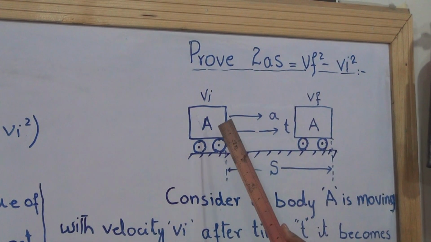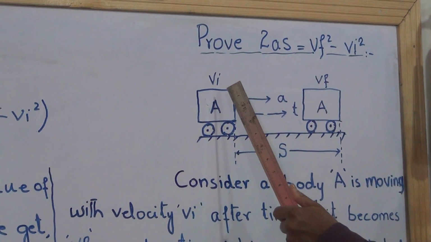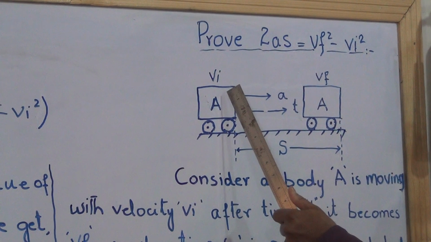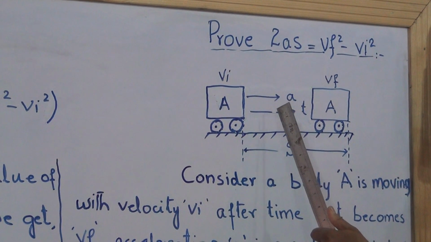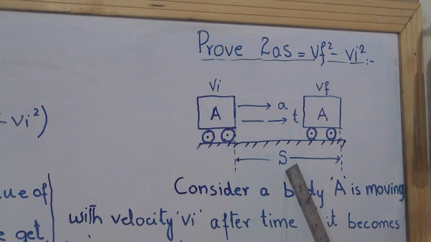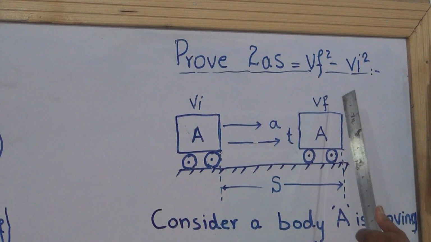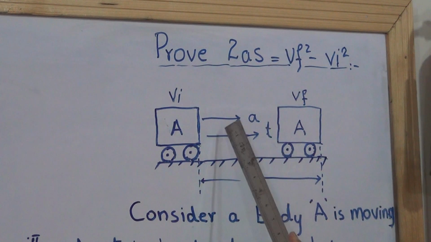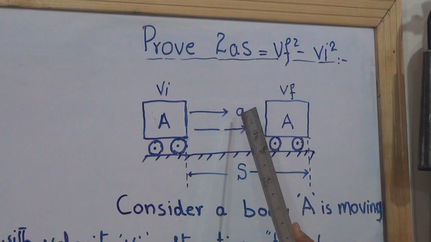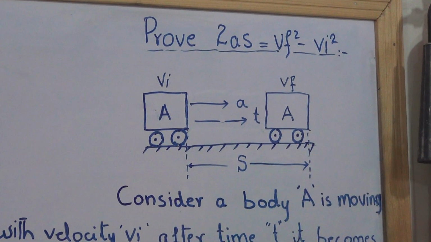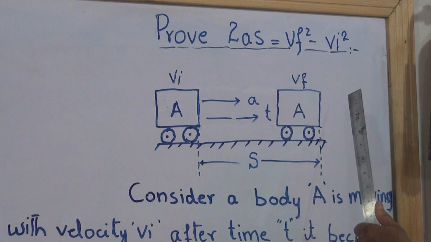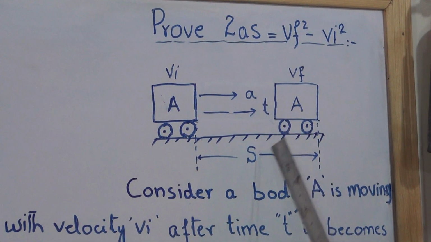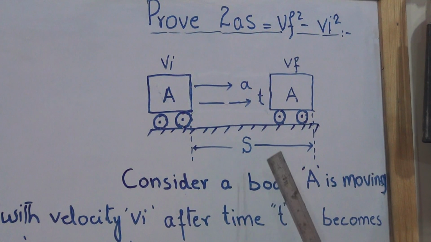This is a body A. Its initial velocity is Vi and it moves and covers distance s with velocity Vf in time t. Acceleration A is produced. Why is the acceleration produced? Because velocity is changing in time t and it covers the distance s.